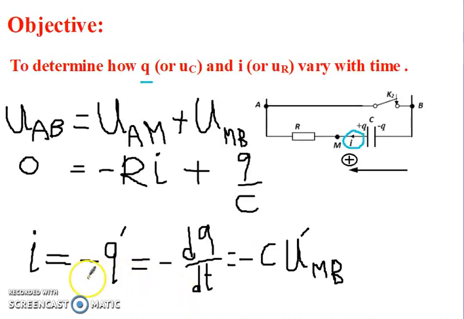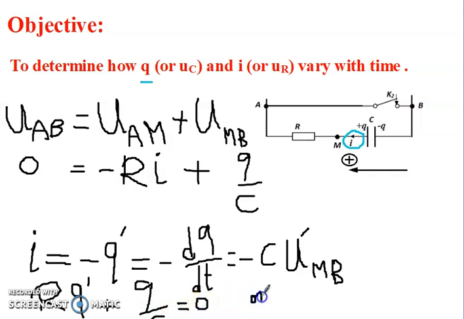Sorry here. Then we have R Q prime plus R Q prime plus Q over C equals 0, right?